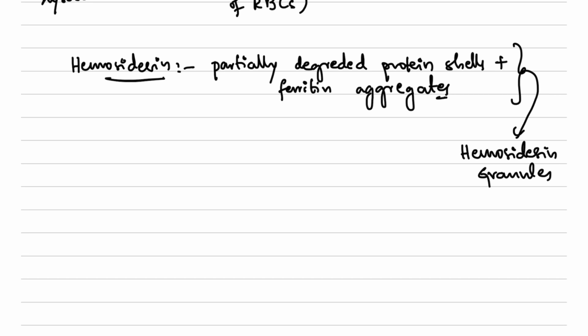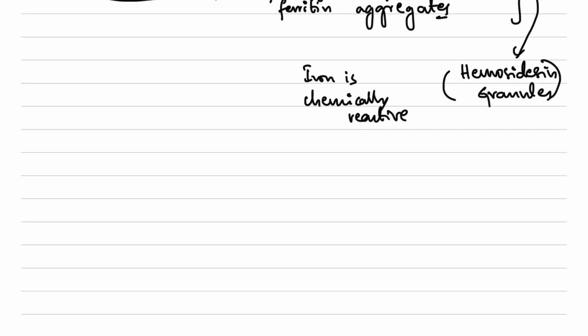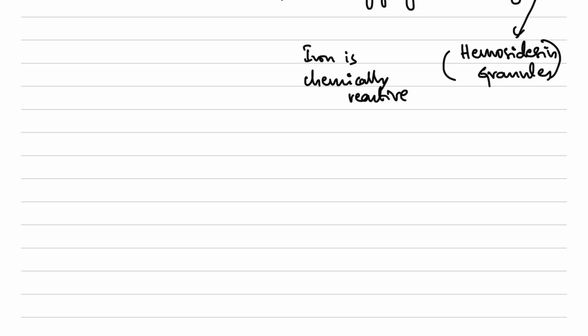Now, in this hemosiderin granule, iron is chemically reactive. Now you'll ask me why iron is chemically reactive in the hemosiderin complex and what happens.